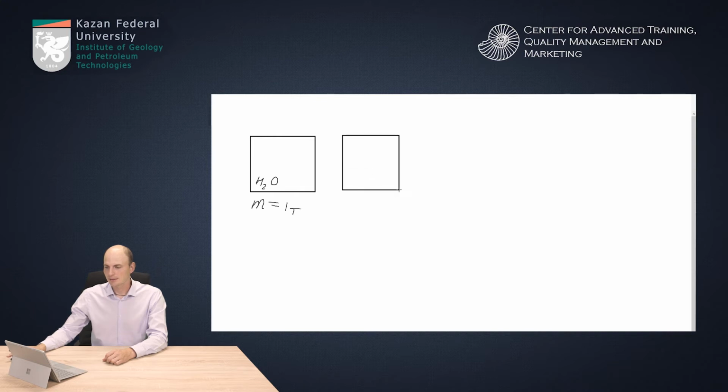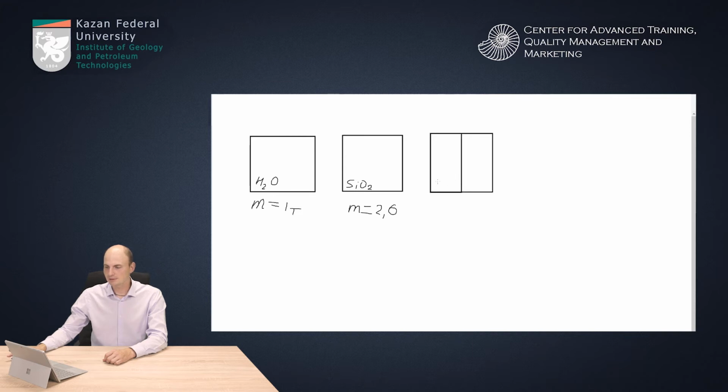Now let's take another example. Let's take another cubic meter, but now it's filled with quartz, SiO2. In this case, the mass is going to be equal to 2.6 tons, because the density of quartz equals 2.6. And now let's take the third example. Let's take the same cubic meter, but divide it into 2 equal parts.